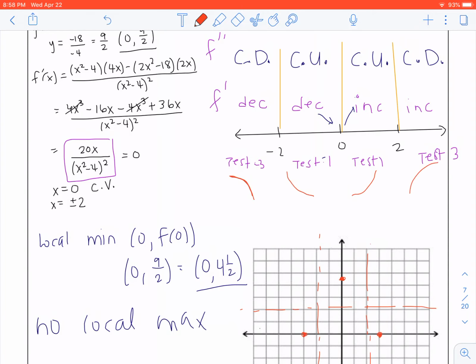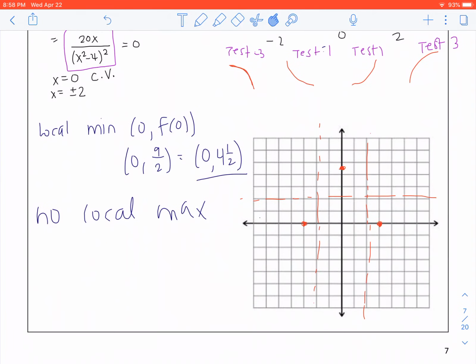So using that, we're going to sketch in the rest of our graph. And remember, the graph is going to approach, but it never goes through these asymptotes. As we're approaching -2 on the left, it goes down to -infinity. And then as it goes off to -infinity, it's approaching -2.